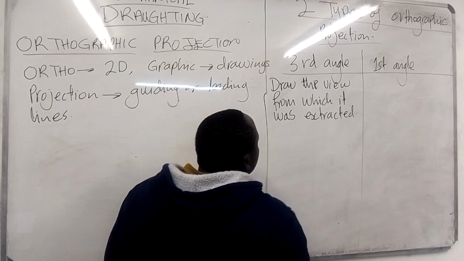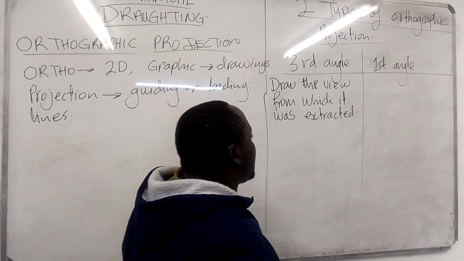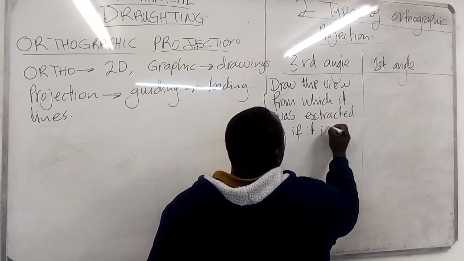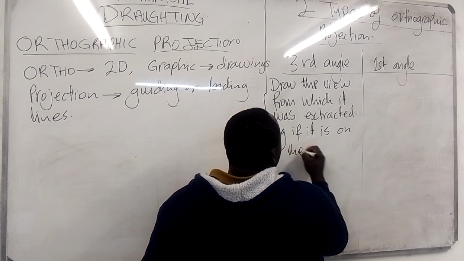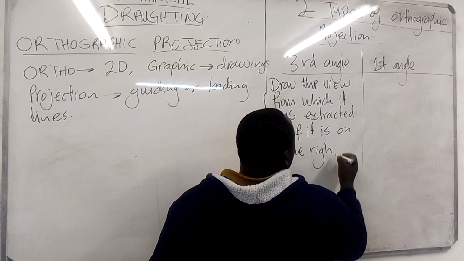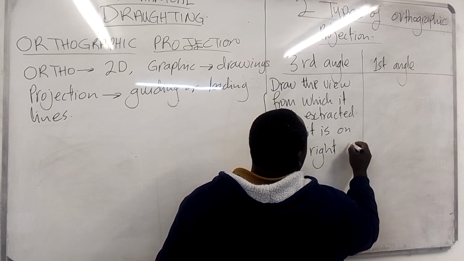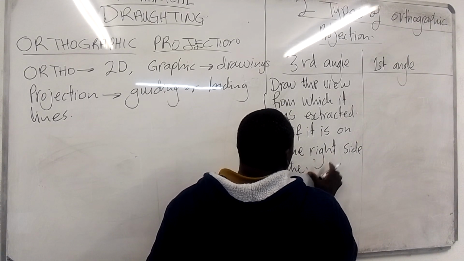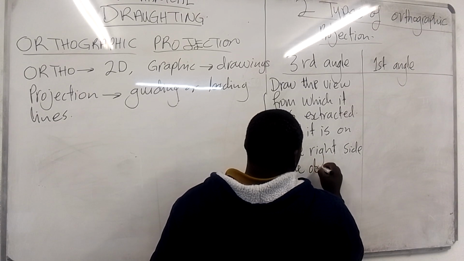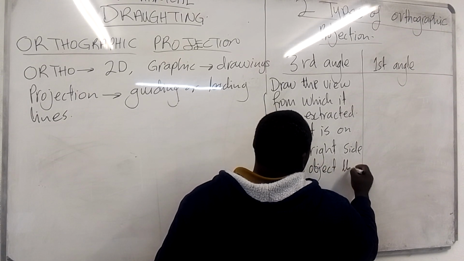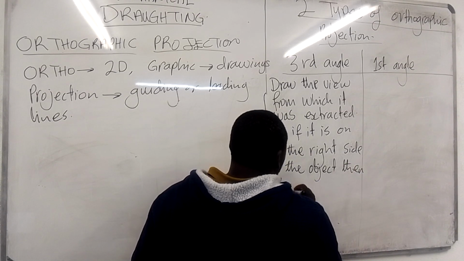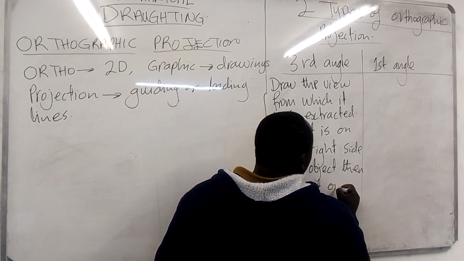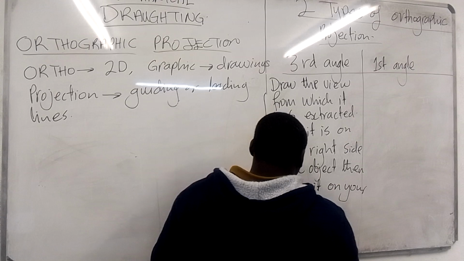Draw the view from which it was extracted, e.g., if it is on the right side of the object, then draw it on your right.